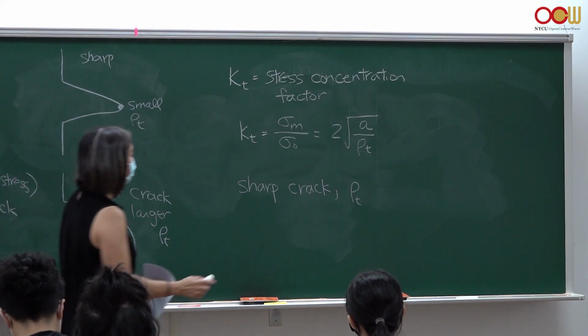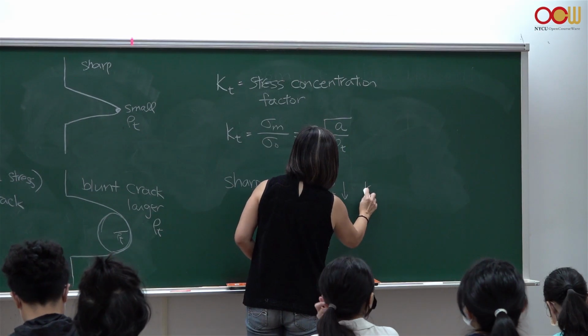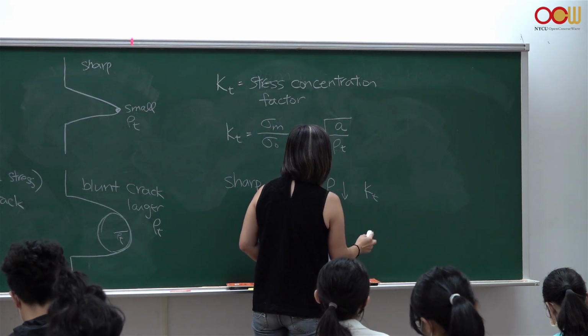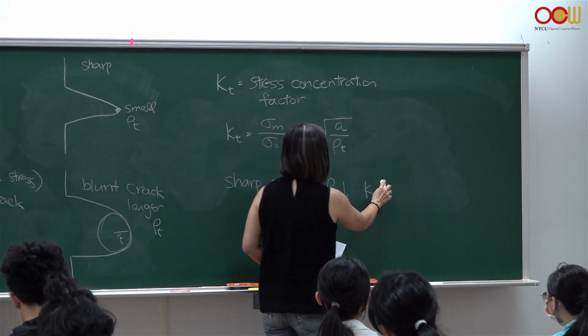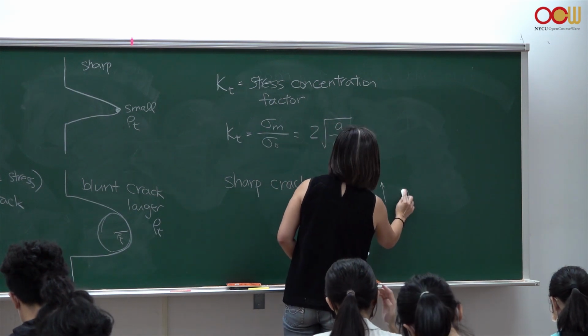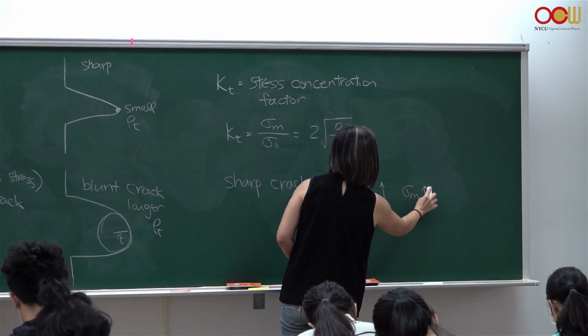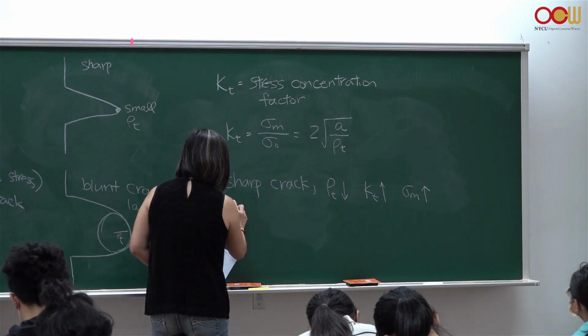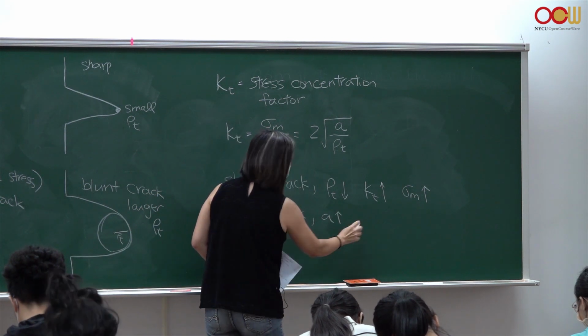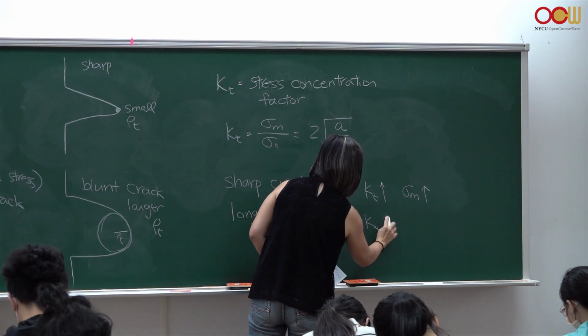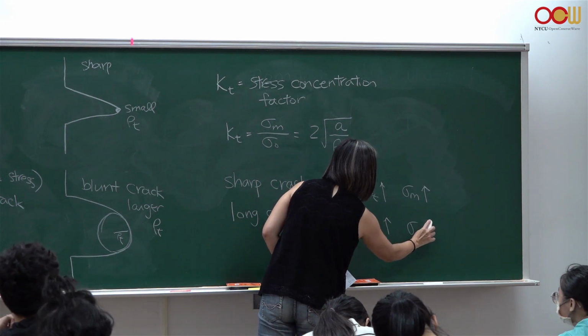Small? Okay. So your stress concentration factor will be large. If you have a long crack, that means your A goes up, and same thing, K sub T goes up, and magnified stress goes up.